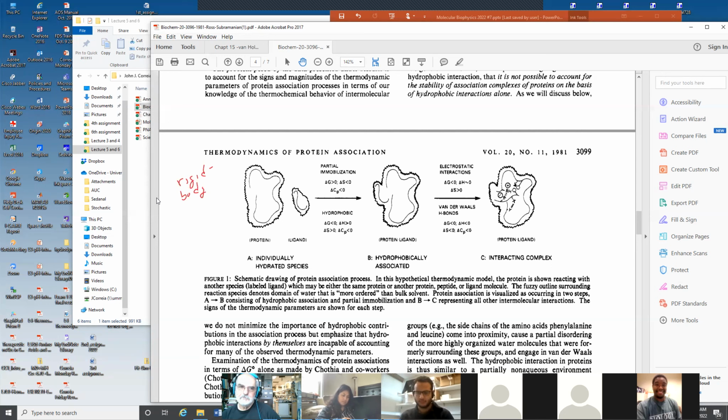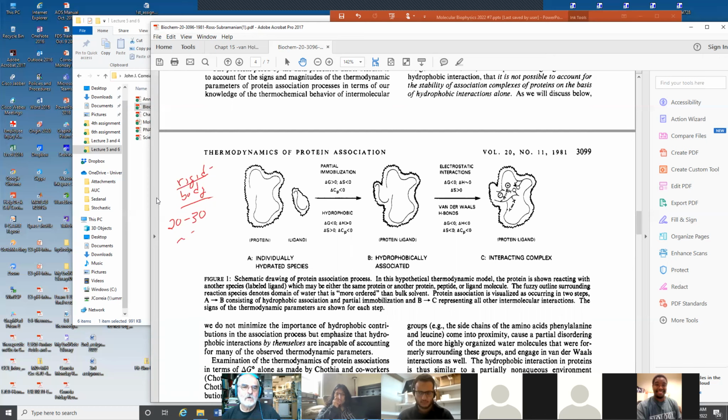Or imagine two rigid molecules simply bump up against one another. That's the term that you have to account for here. The literature, I think they say in the paper, this is approximately 20 to 30 joules, or maybe it's calories. I think they say calories.